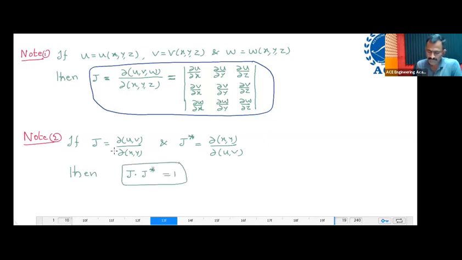That is, if out of these two Jacobians you know any one, we can get the other Jacobian by using this result: j into j star equal to 1. Right? Now, let us do the problems on all this.